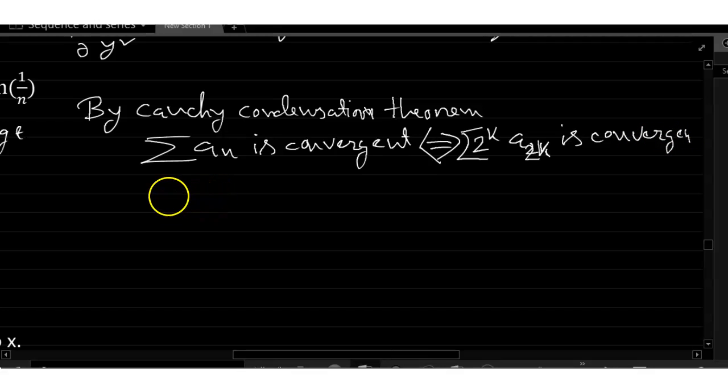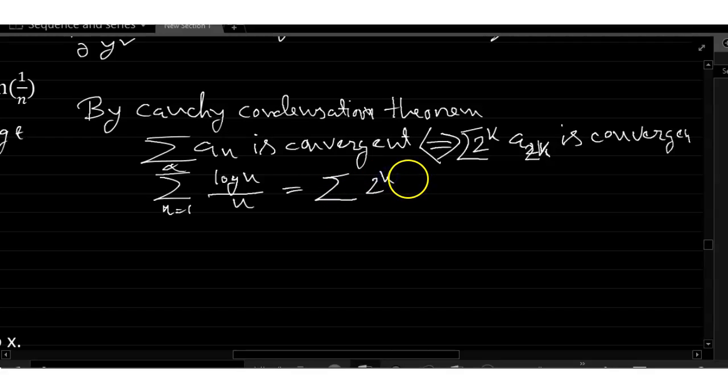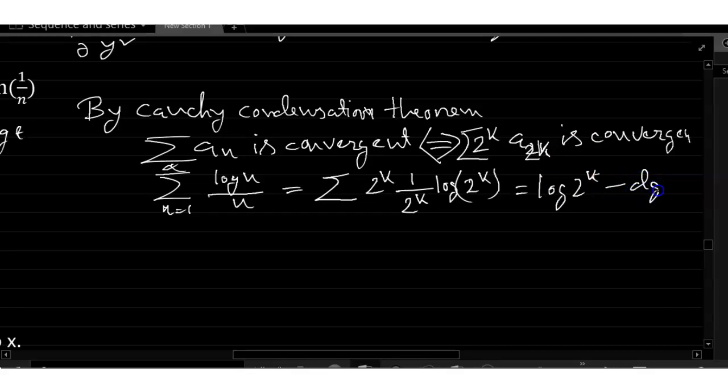Now for the log series, summation n equals 1 to infinity of 1 by n log n equals summation 2 to the power k into 1 by 2 to the power k log 2 to the power k, which is divergent.